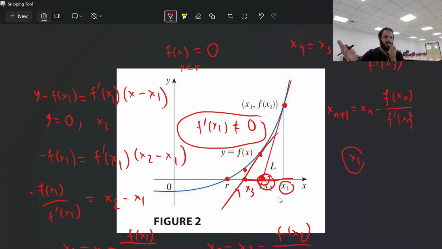You studied something before that we can use. At the end of chapter 2, we studied something that will help us find x1. We studied the intermediate value theorem, right?